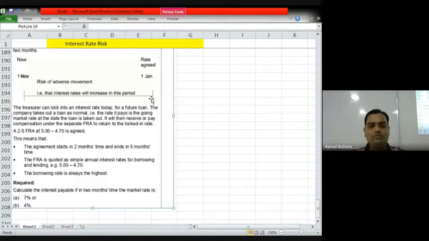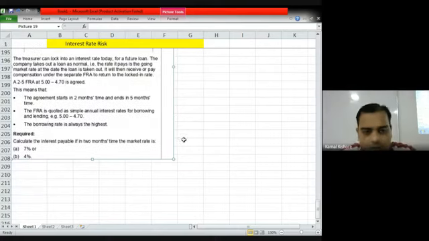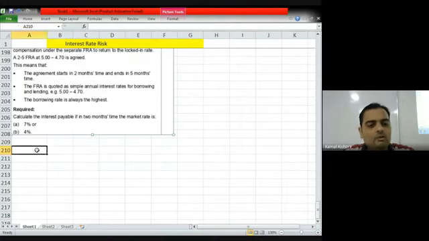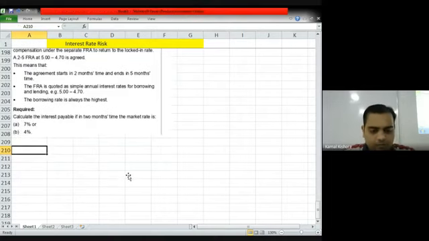So interest rate swaps, forward rate agreements. The way a forward rate agreement works, it is a forward rate, right?